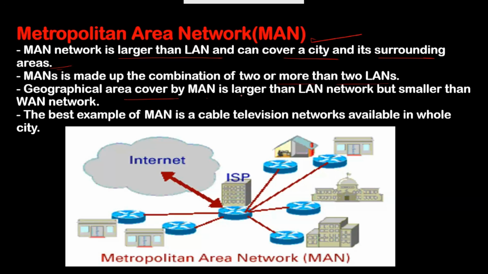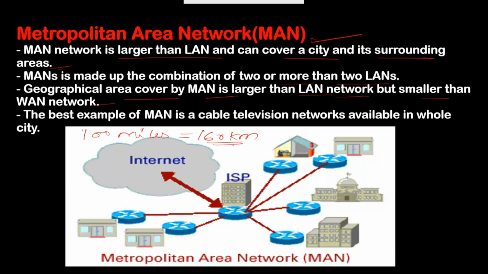The geographical area covered by a MAN is larger than a LAN, but smaller than a WAN. So now can anyone tell me how far a network can extend to be called a MAN? The range of a MAN is 100 miles. 100 miles is equal to 160 kilometers. Right?